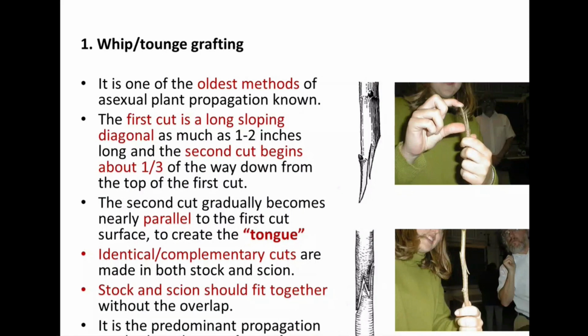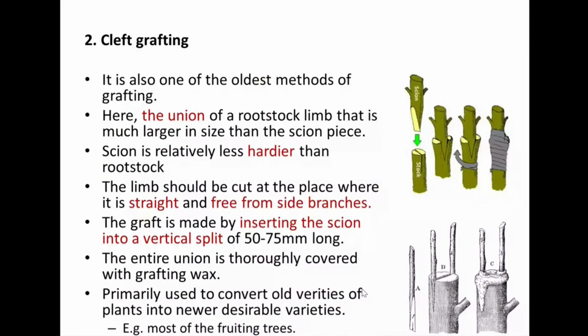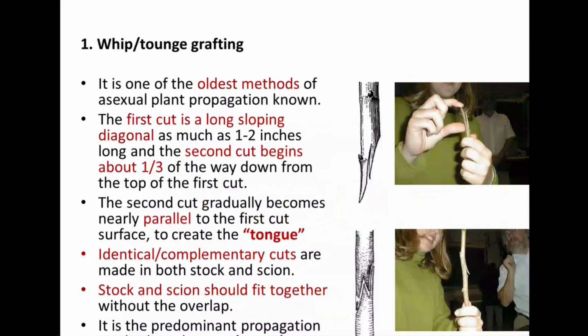Once we join, we have to tie this with a grafting tape. We have to tie it so that pathogens, moisture, or external fungal forces do not enter and spoil this grafting, because it's exposed.